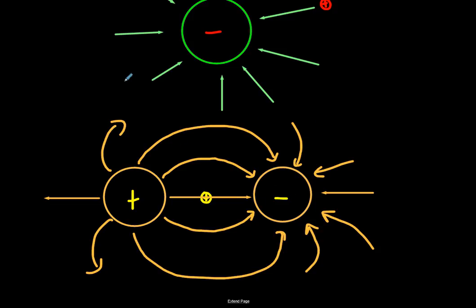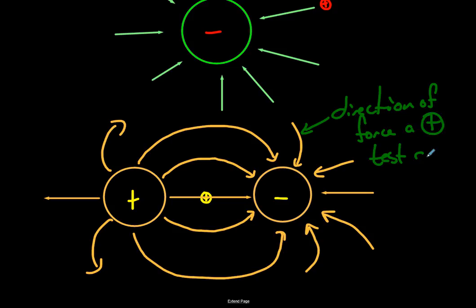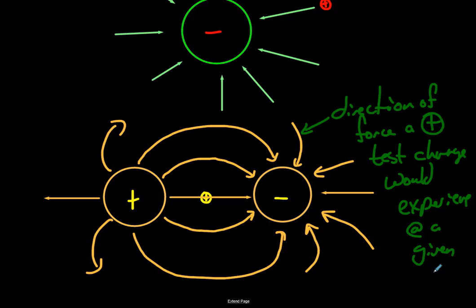So these lines are representing the direction of force a positive test charge, or really any positive charge, would experience at a given point.